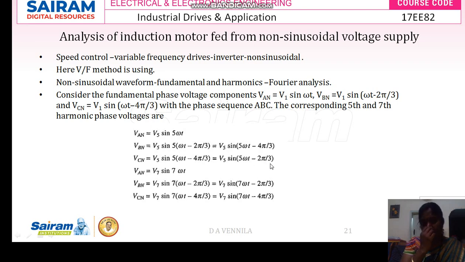Actually, we know the basic concept that it should be equal to the basic fundamental, so the V phase will be the same.